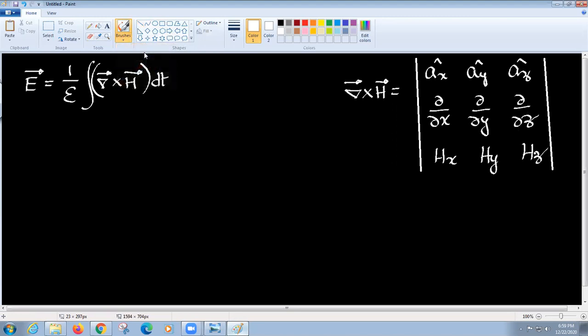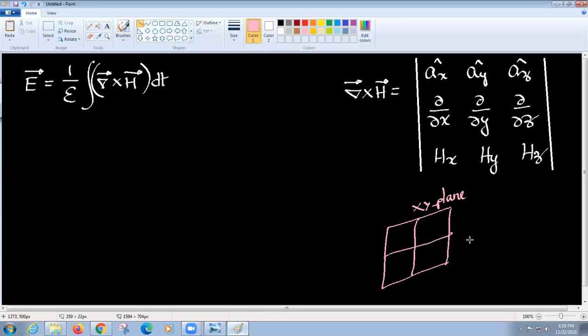Now you tell me, at one point, Hz must be 0, right? Why? Because the wave is traveling along the z-axis. You have a transverse electromagnetic wave. This is your transverse plane, the xy plane, and perpendicular to this plane you have the propagation.